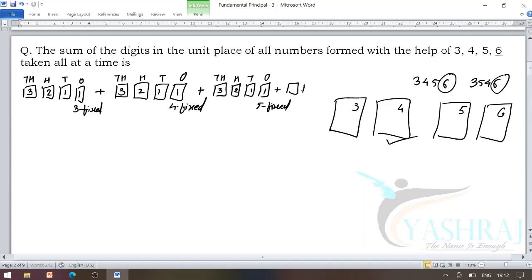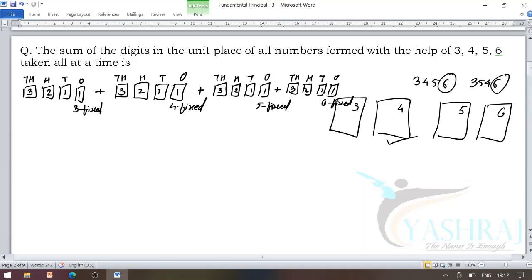Same thing, now evaluate how many numbers end with the digit 5. We have exactly one way to fill the ones place, following which the thousands, hundreds and tens places have 3, 2, 1 ways respectively. Same thing for the numbers ending with 6. We fix a 6 at the ones place, so only one way, following which the thousands, hundreds and tens places have 3, 2, 1 ways respectively.